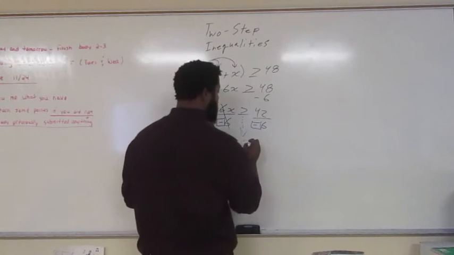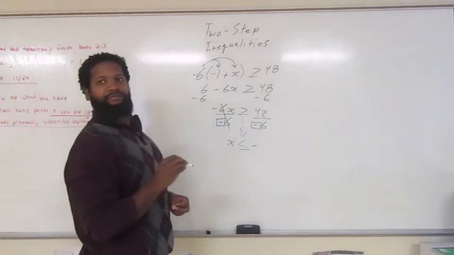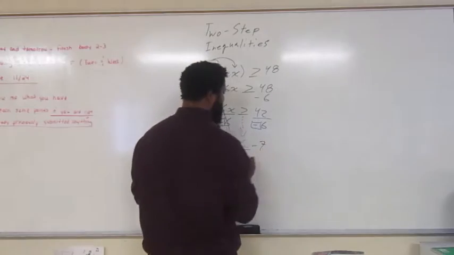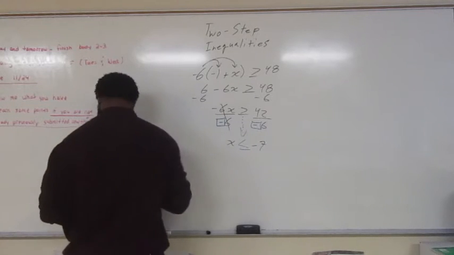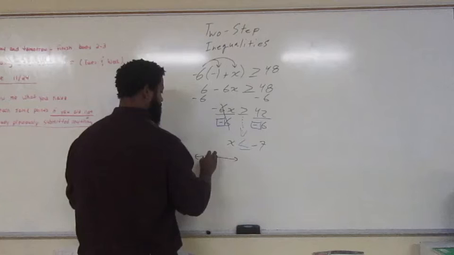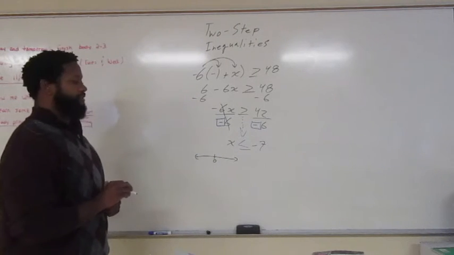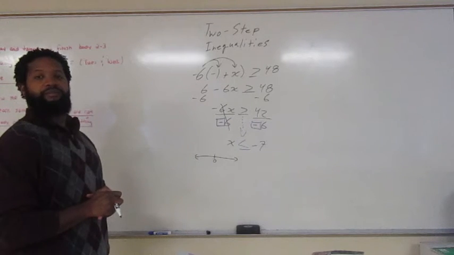-8? Yeah. Oh, never mind. I wrote 48. -7. Thank you. If we were to graph this, what side of the 0 does the -7 go on?